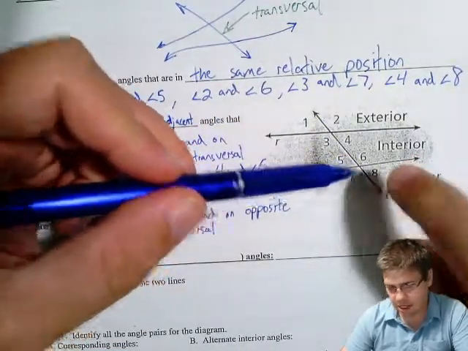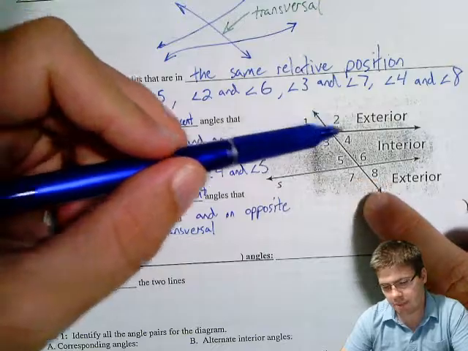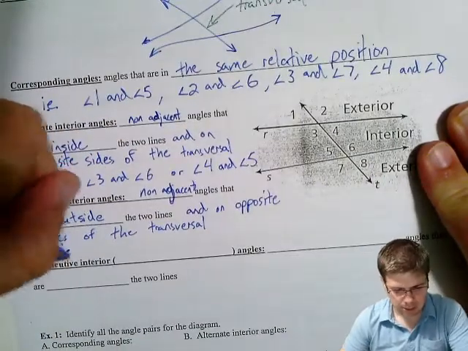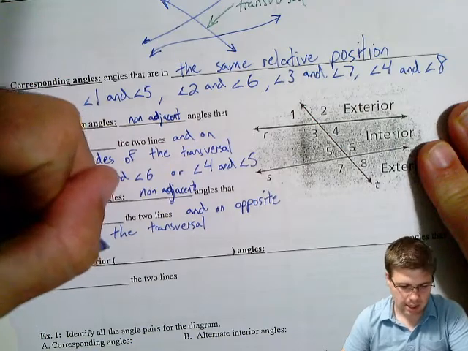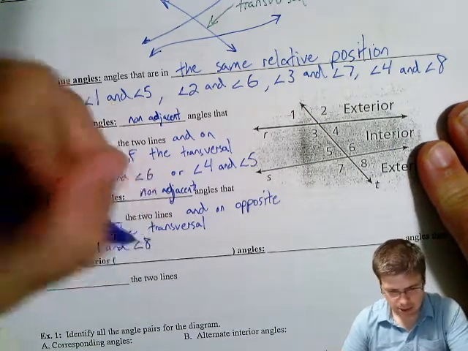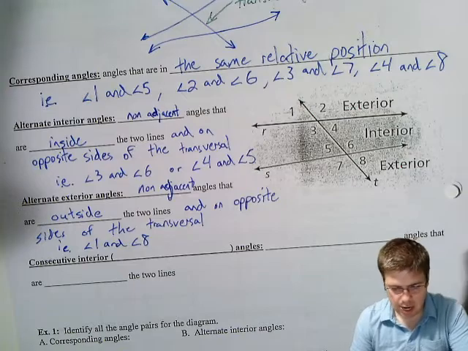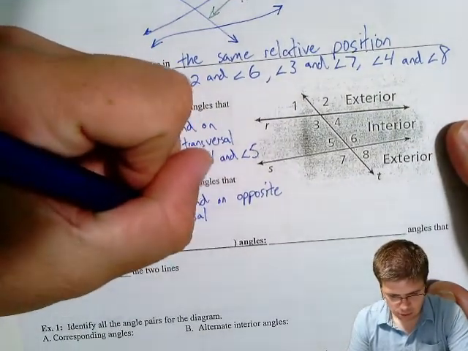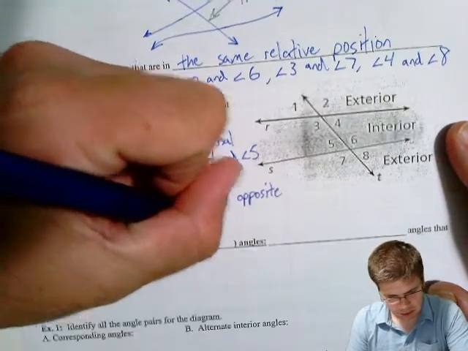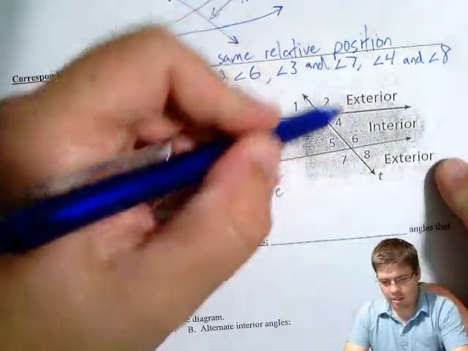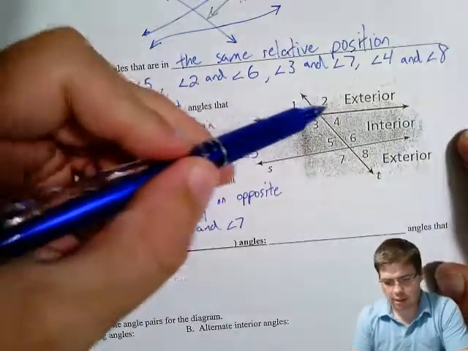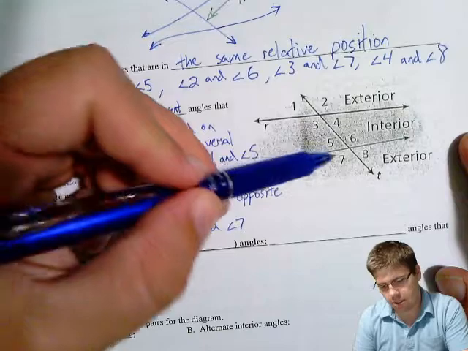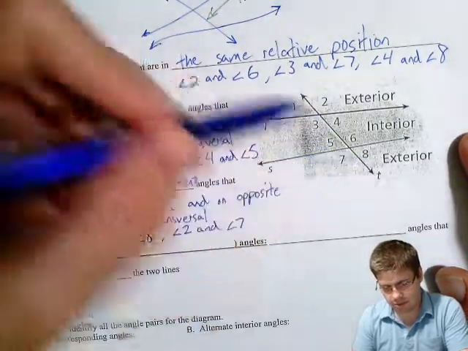Non-adjacent, so not 7 and 8, but 7 and the one on the opposite side of the transversal here, 7 and 2, or 1 and 8. So angles 1 and 8 are alternate exterior angles, and 2 and 7 are alternate exterior angles. They're on the exterior of those two lines that are being traversed, and they're on opposite sides of this transversal.